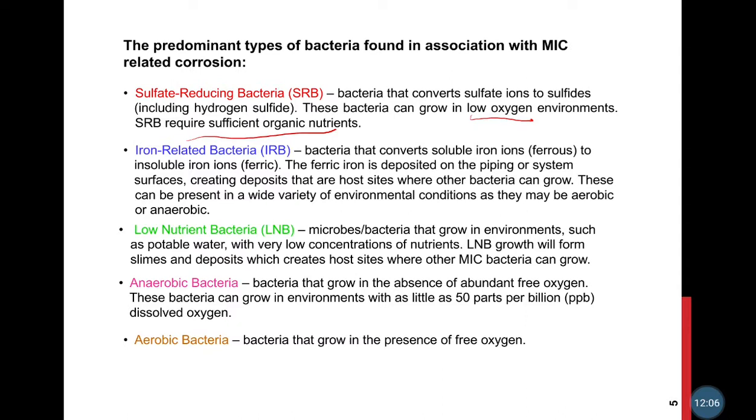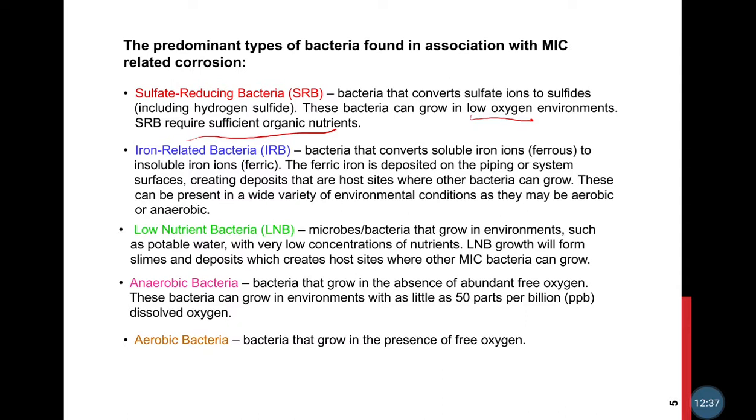So the ferric iron is deposited onto the piping or system surface, creating deposit that is a host site where other bacteria can grow. Okay, kalau untuk IRB ni, dia biasanya akan tukar dulu ferrous kepada ferric, kemudian dia akan sediakan satu platform untuk jadi host untuk other bacteria yang boleh grow bersama dengan dia.